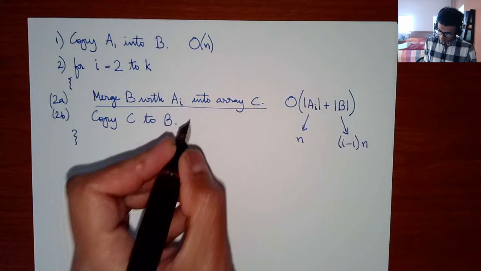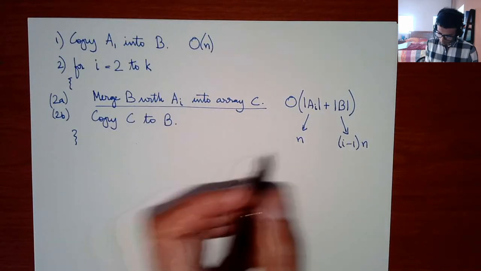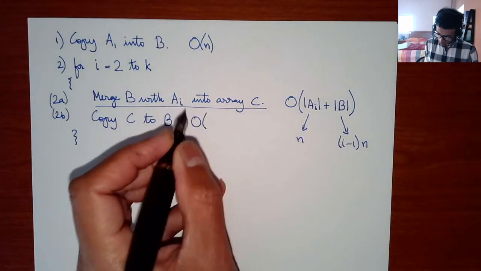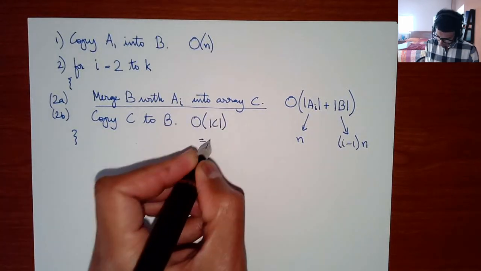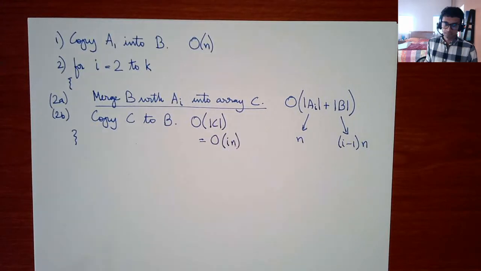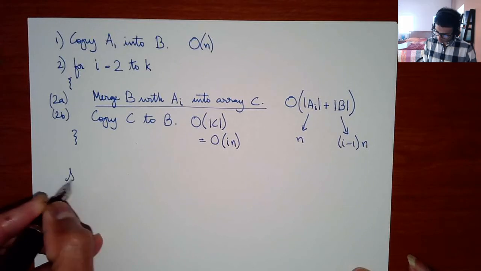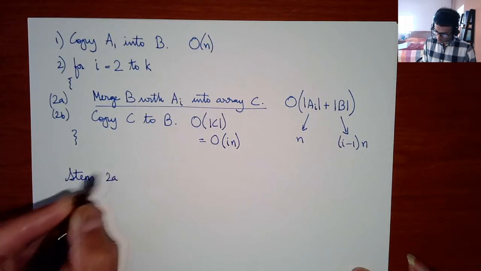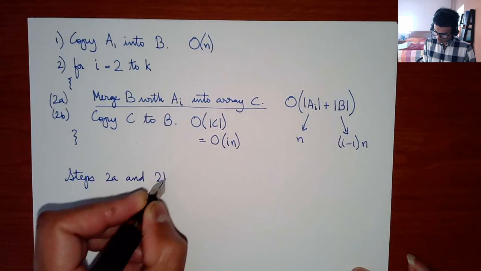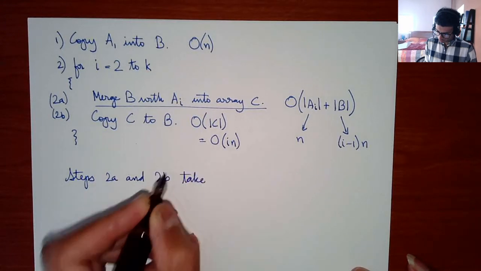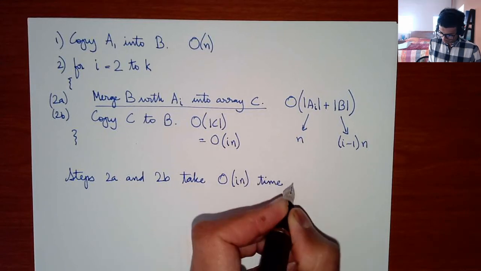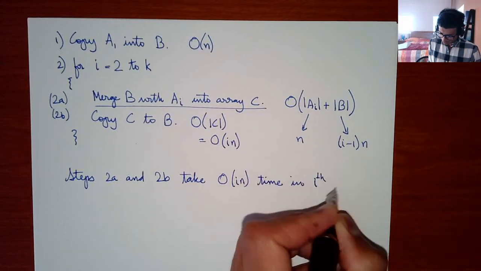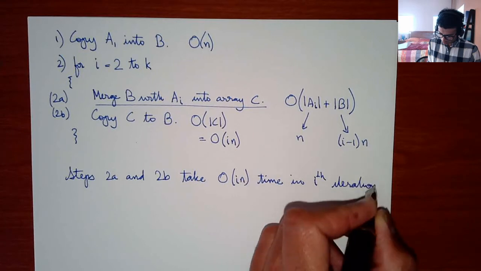And copying C into B is again going to be O of the length of C, and this is just going to be O of i times n. So essentially, steps 2A and 2B take O of i n time in the ith iteration.